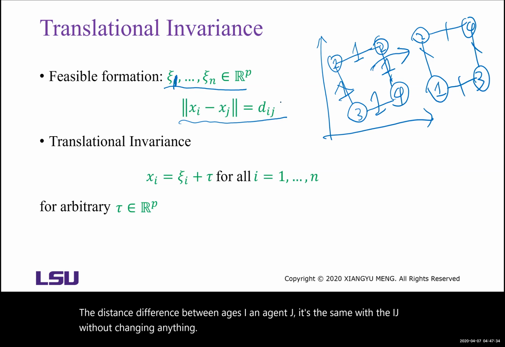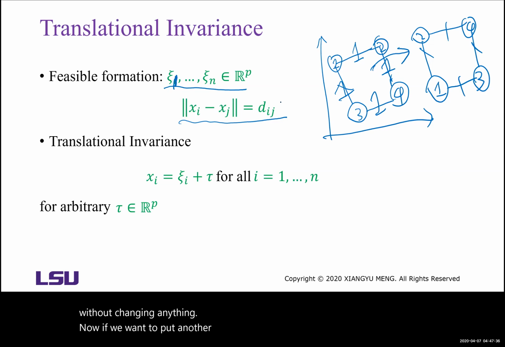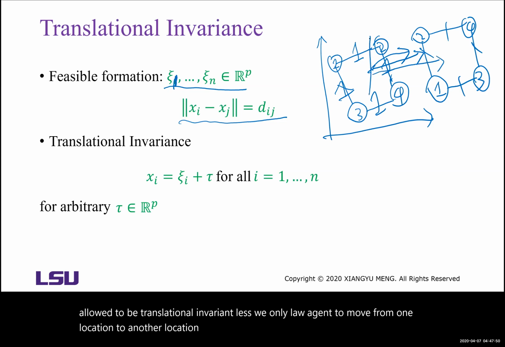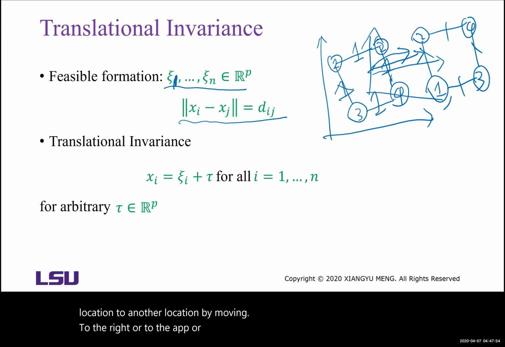Now, if we want to put another constraint, let's say the formation is only allowed to be translationally invariant. Let's say we only allow the agents to move from one location to another by moving to the right, or up, or by a combination of right and up or down and left, not rotational motion. So rotational motion is not allowed.